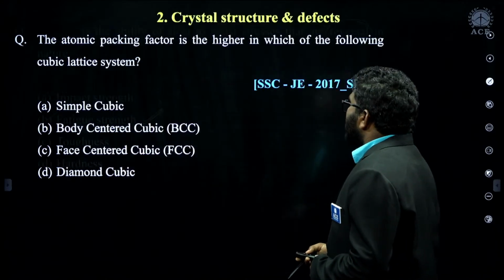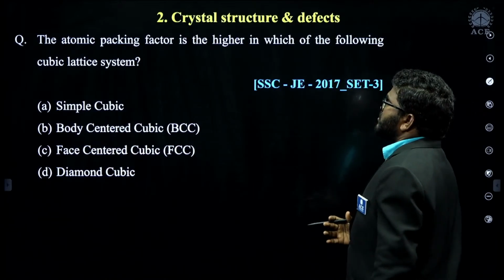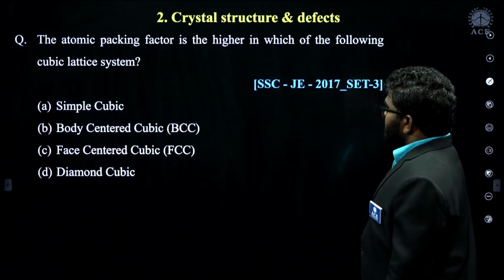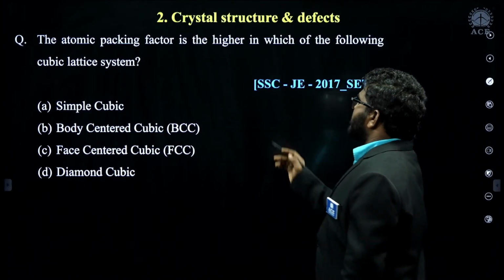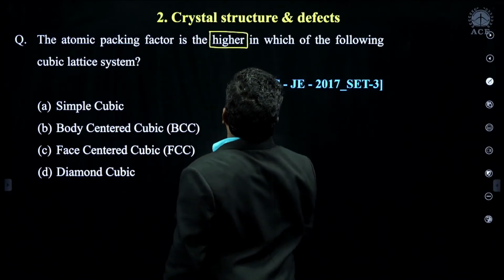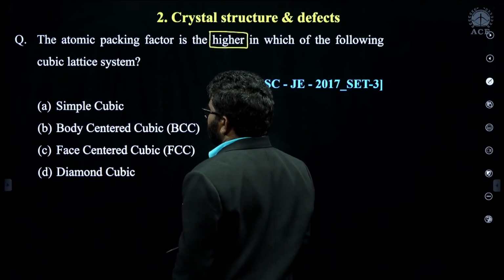Now next I am going to discuss some of the questions related to the crystal structure. The atomic packing factor is higher in which of the following cubic lattice systems?